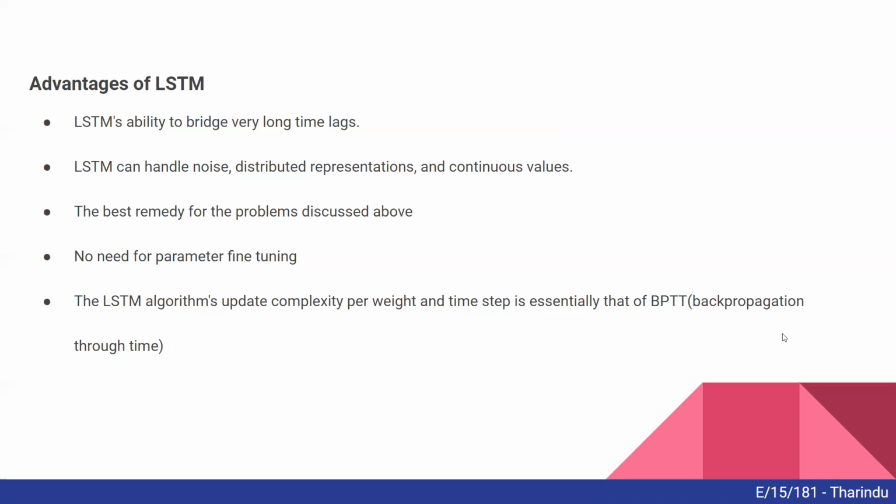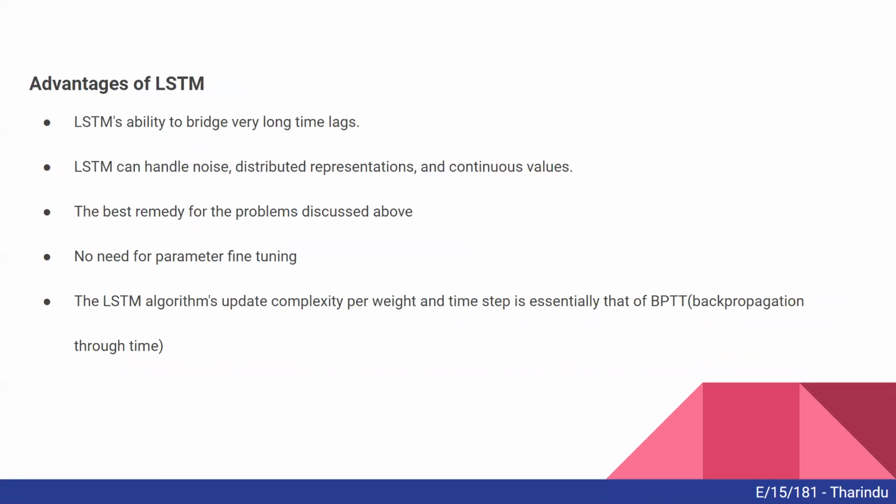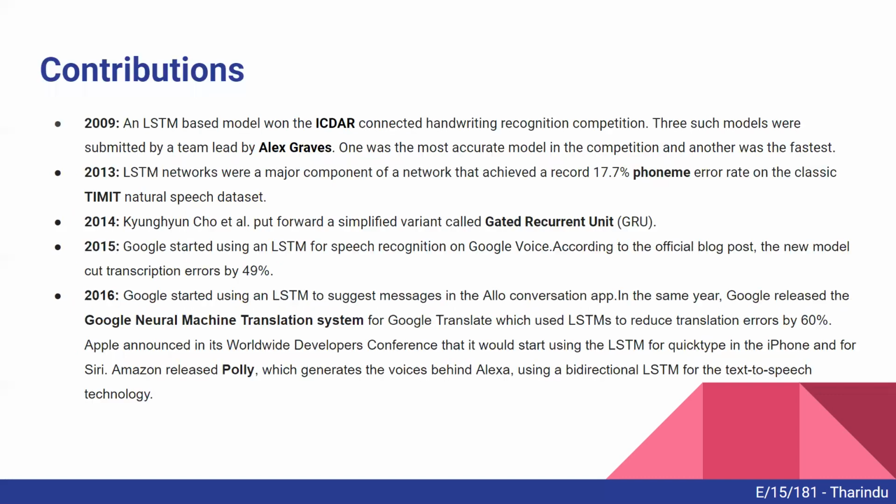Other advantages of LSTM: there appears to be no need for parameter fine-tuning. The LSTM algorithm's update complexity per weight and time step is essentially that of backpropagation through time. This is excellent in comparison to other approaches such as real-time recurrent learning. Unlike full backpropagation through time, however, LSTM is local in both space and time.